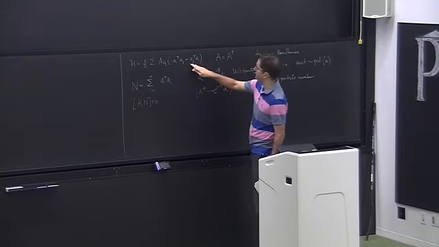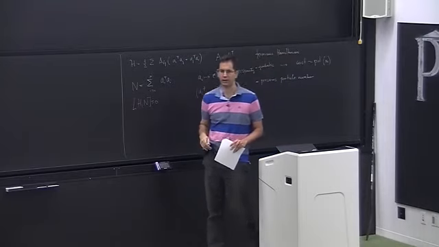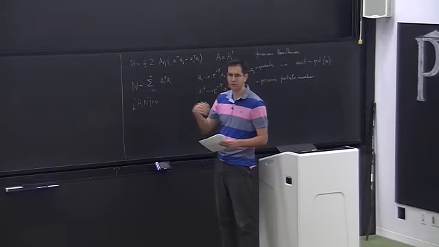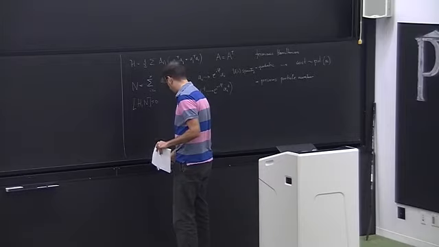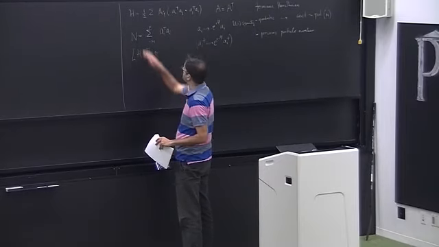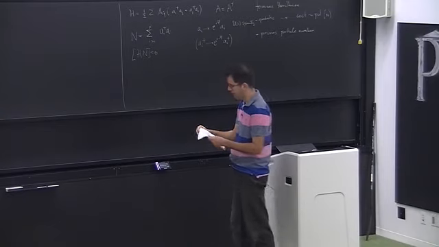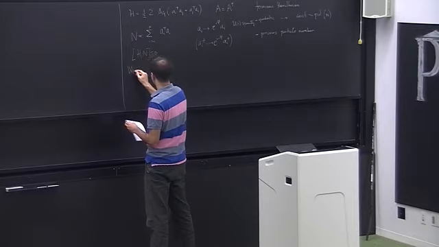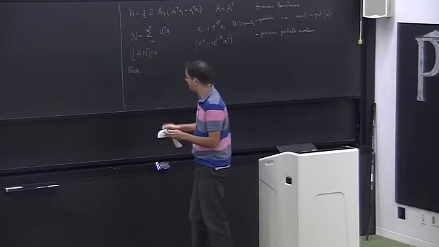In other words, whenever you see any term in this Hamiltonian such that it destroys a particle, it creates another one, so the Hamiltonian does not change the total number of particles. In particular, that means that the ground state, if it's unique, if it's non-degenerate, will have a well-defined particle number. And another property we will be using in order to describe the ground state of this Hamiltonian is Wick's theorem.